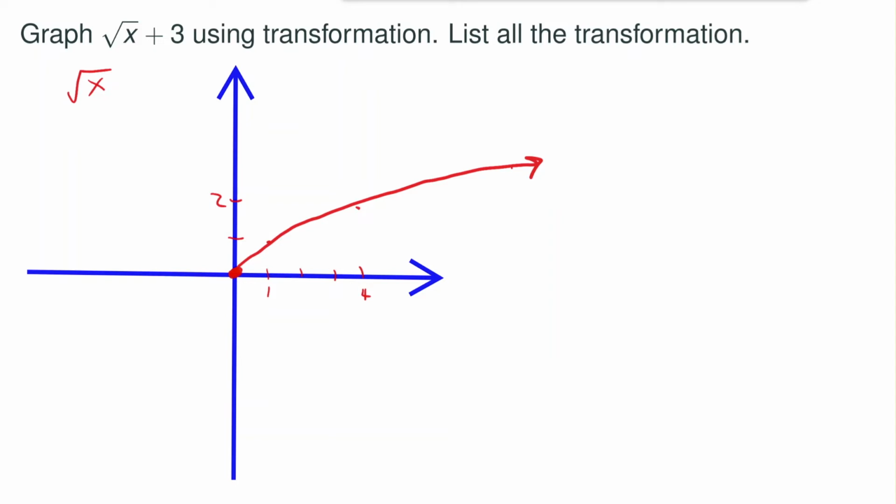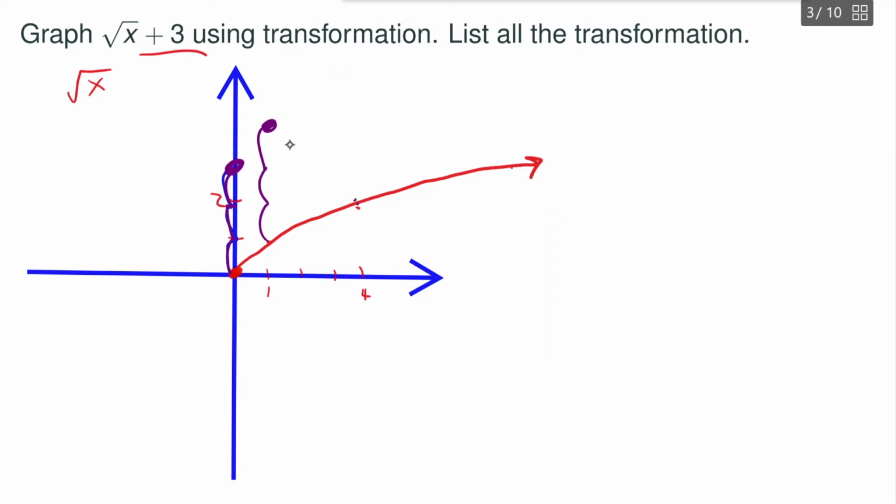So from here, we're going to add 3. So this means we go up 3. So for each point, we go up 3, starts here. At 1, go up 3, right here. At 4, we go up 3. Oops, sorry, let me draw a little better.